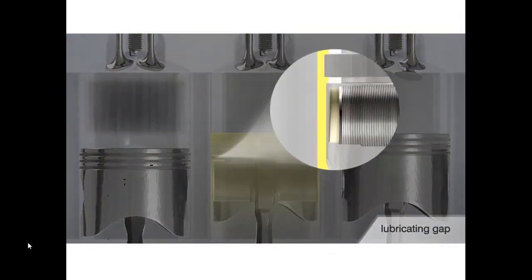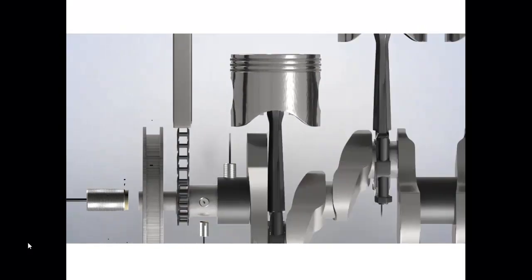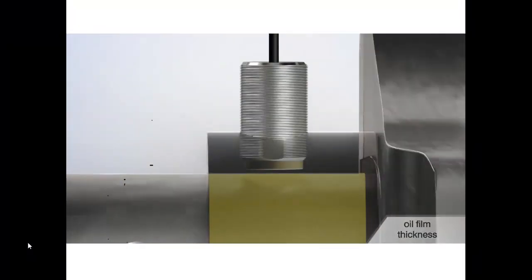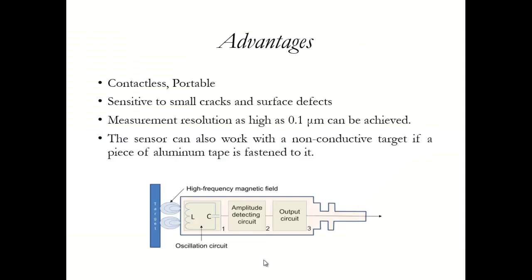The lubricating gap, or oil film thickness, can also be measured with these types of sensors. The advantage in this case again is that they are contactless. This is true of all the types of magnetic sensors we have; all of them are contactless sensors. We don't have any contact with the object whose position is to be measured. These are portable. They are sensitive to small cracks and surface defects, and in this type of eddy current arrangement the measurement resolution is as high as 0.1 micrometer.